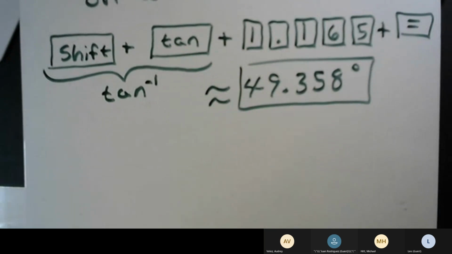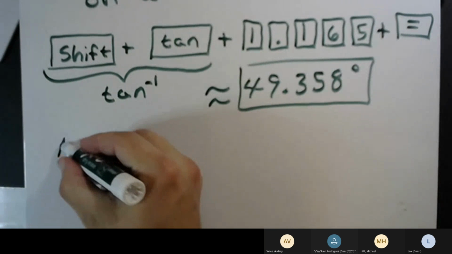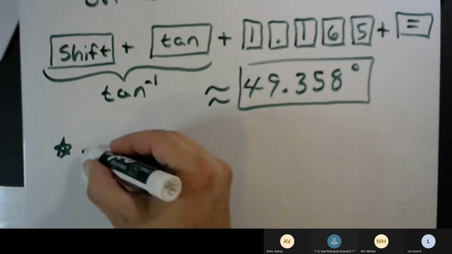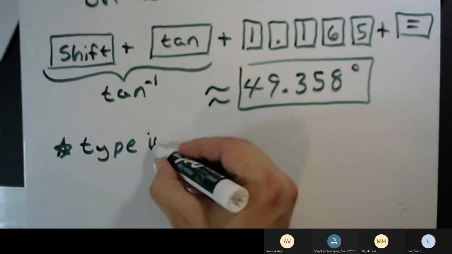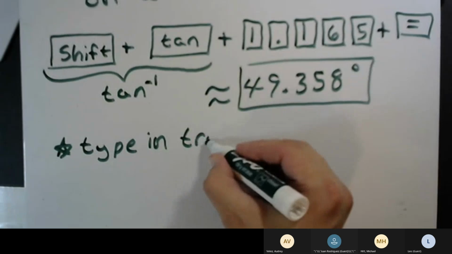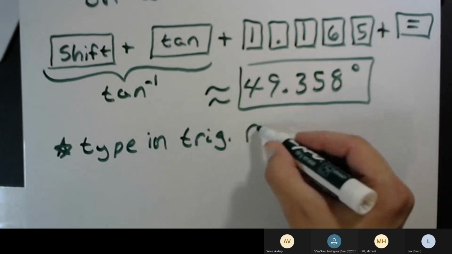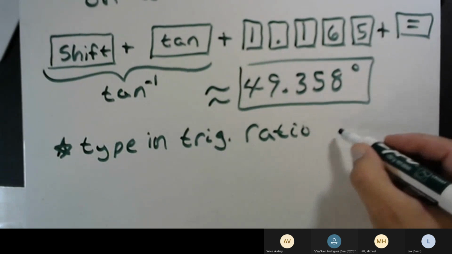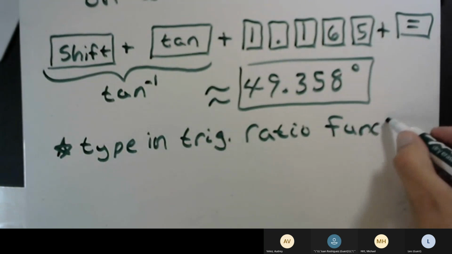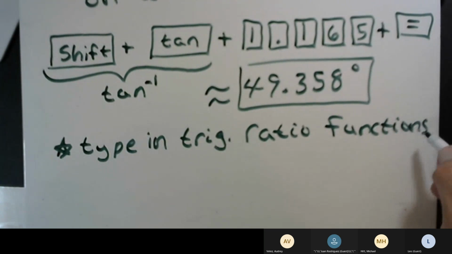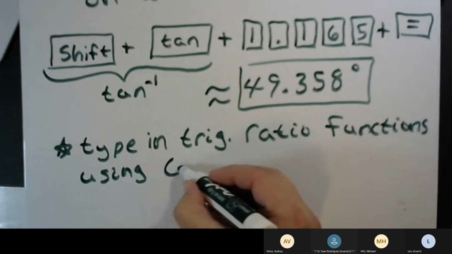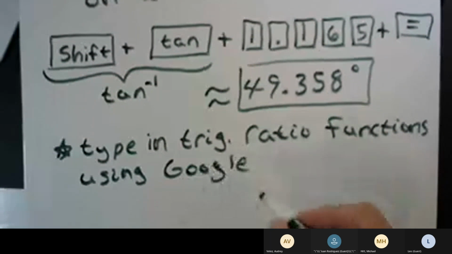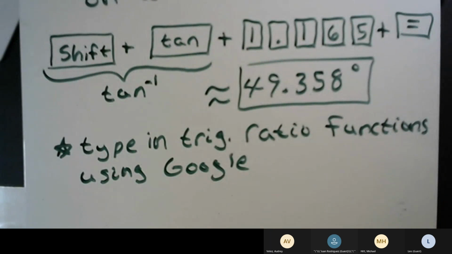Another thing I want to show you, just mention this, Google, if you don't have a scientific calculator, you can type in trig ratio functions using Google. If you don't have a scientific calculator, Google actually has one.